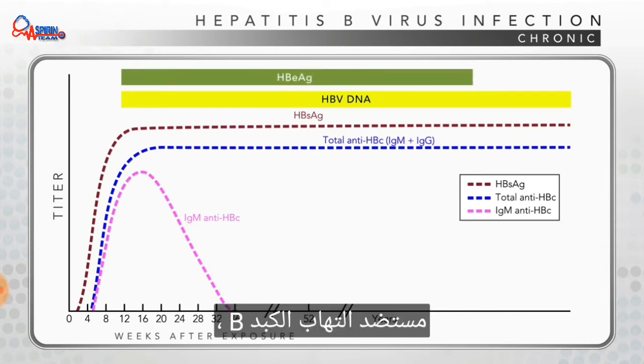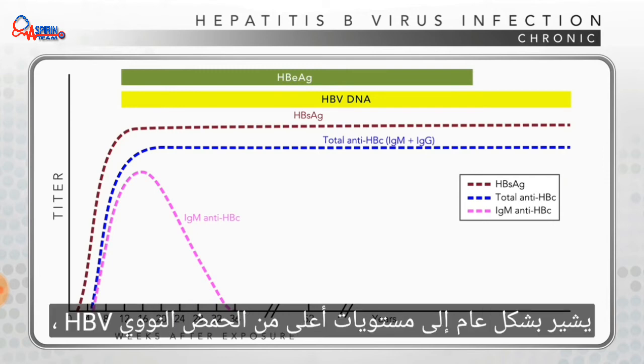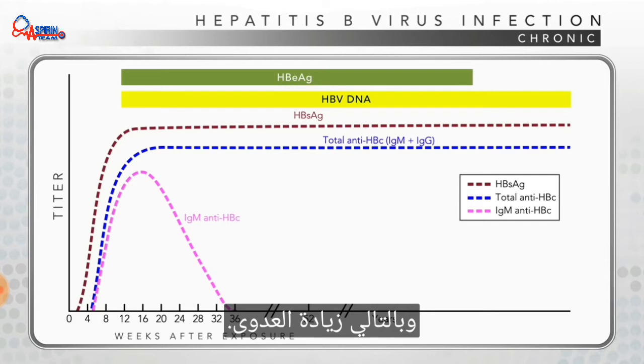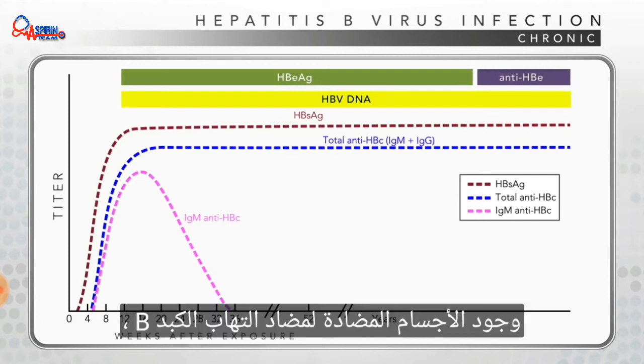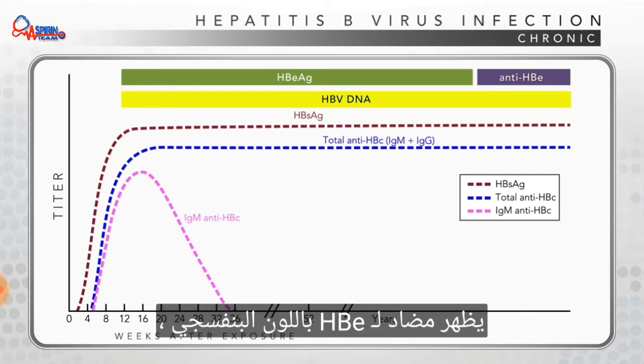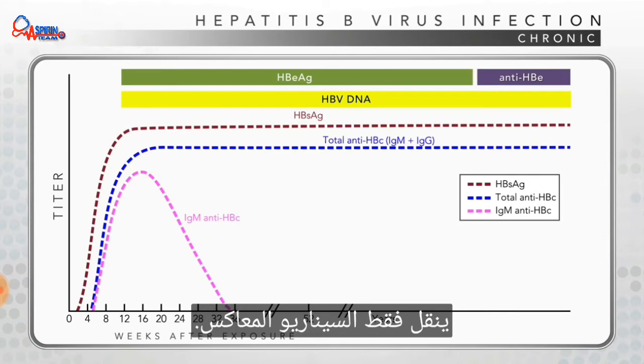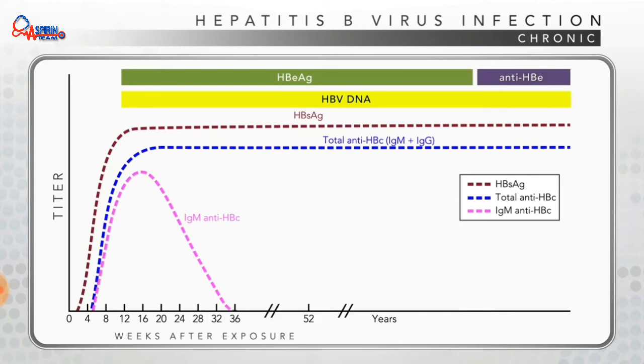HBeAg, shown in green, generally indicates higher levels of HBV DNA and thus greater infectivity. Presence of anti-HBe, shown in purple, conveys just the opposite scenario.